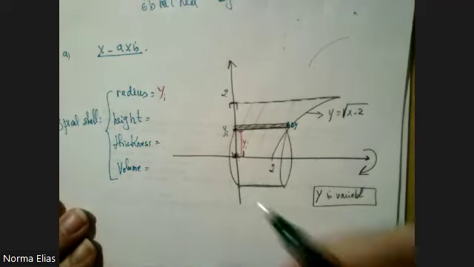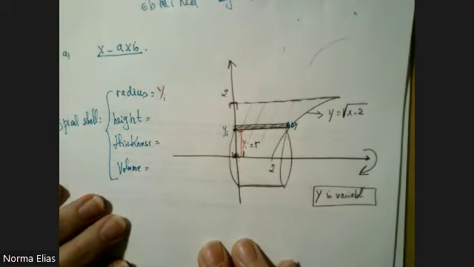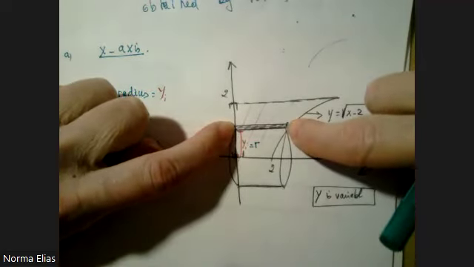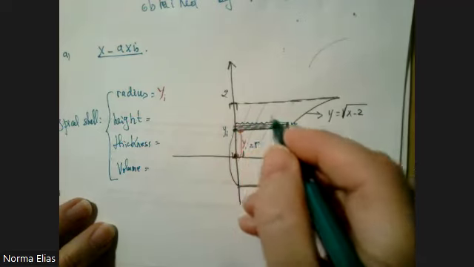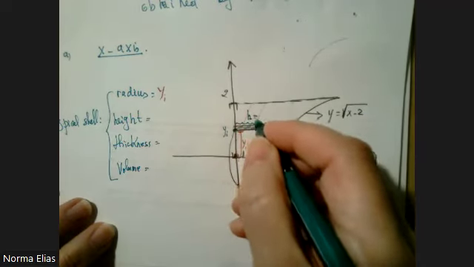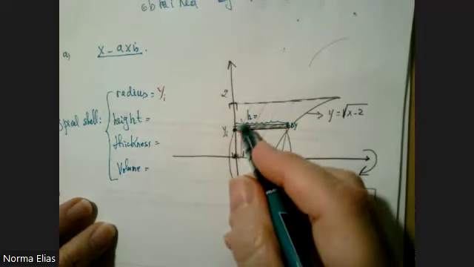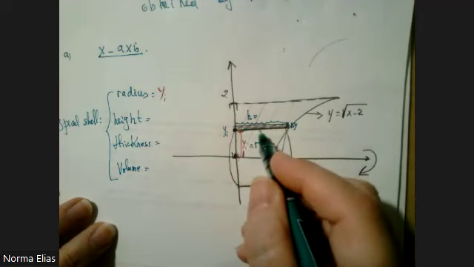So that's the radius. What is the height of the shell? Of course, the height is from here to here. So this is the height. So it's this horizontal distance from the y-axis here all the way to here. That's the height of the shell.